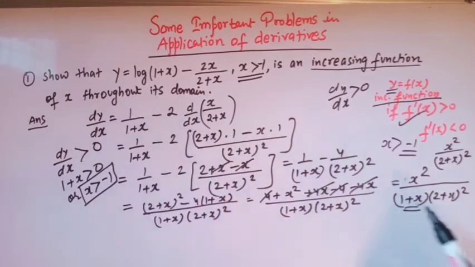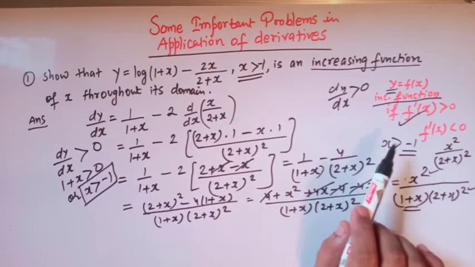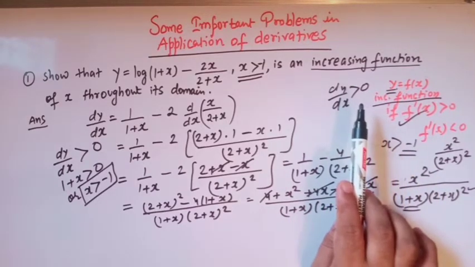So viewers, here I would like to mention one more thing, that this is a square term, this is also a square term, and the square of any term is always greater than or equal to 0.